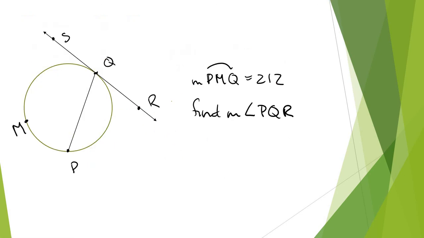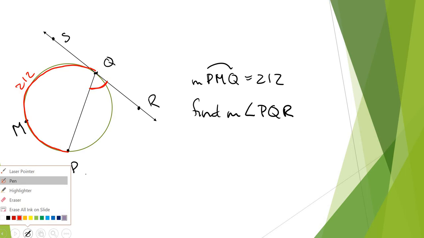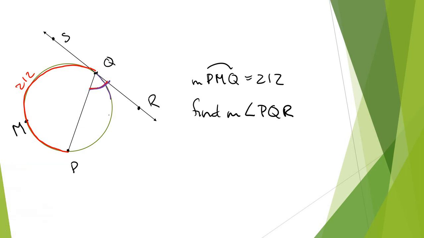So looking at this, if I know that arc PMQ is 212, we want to find the measure of angle PQR. Well, I need to know the intercepted arc for PQR. So the measure of angle PQR is 1/2 the measure of arc PQ.